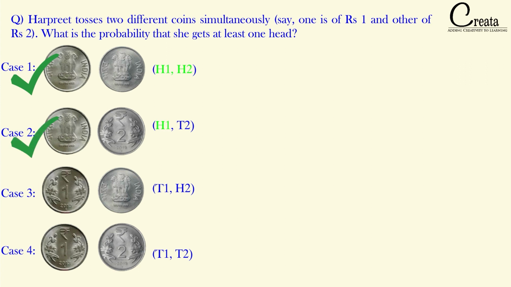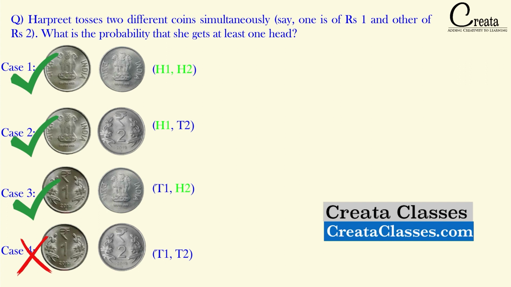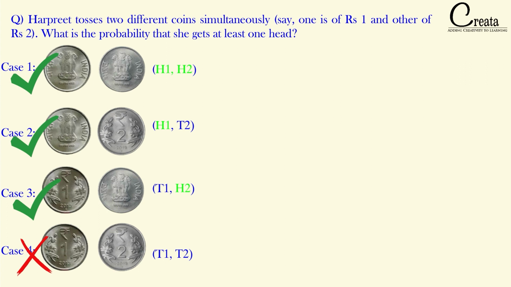Yes, this condition is also matching. In the third scenario, again we are getting one head, so our at least one head condition is matching. In the fourth scenario, we are getting two tails. So the fourth scenario is not having any head, and our condition of at least one head is not matching in the fourth scenario. But our condition is matching in the first 3 scenarios.